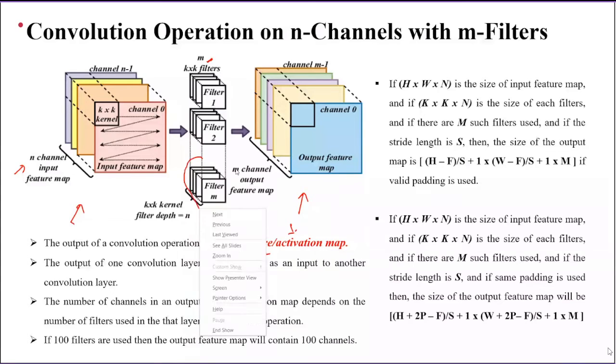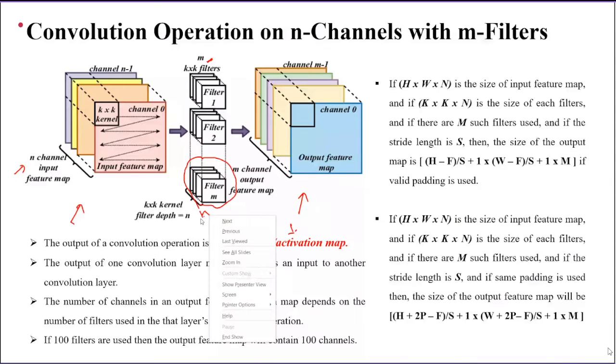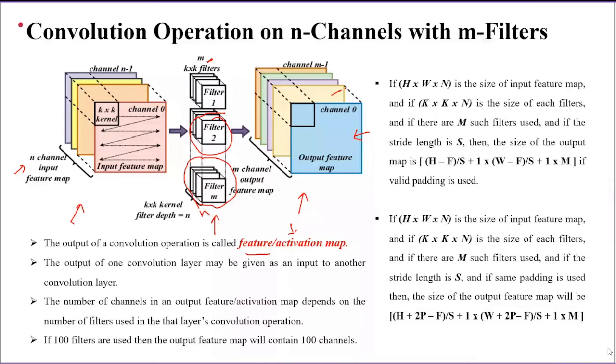The first filter will produce the first channel in the activation map or output feature map. Similarly, the second filter will produce the second channel of the output feature map.